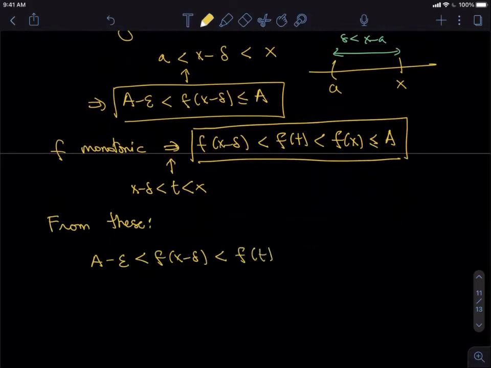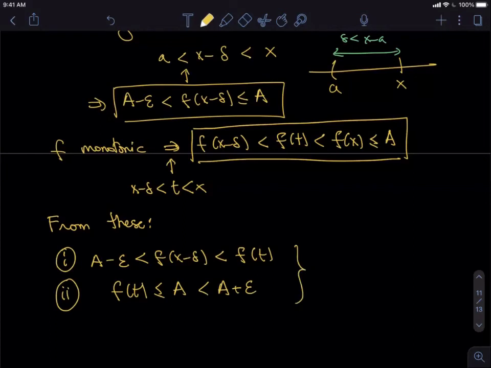Okay, that's, let's say, the first one. And then the second part that I want is that f of t is less than f of x, which is, well, actually I can just shorten it, less or equal than a, which is strictly less than a plus epsilon.